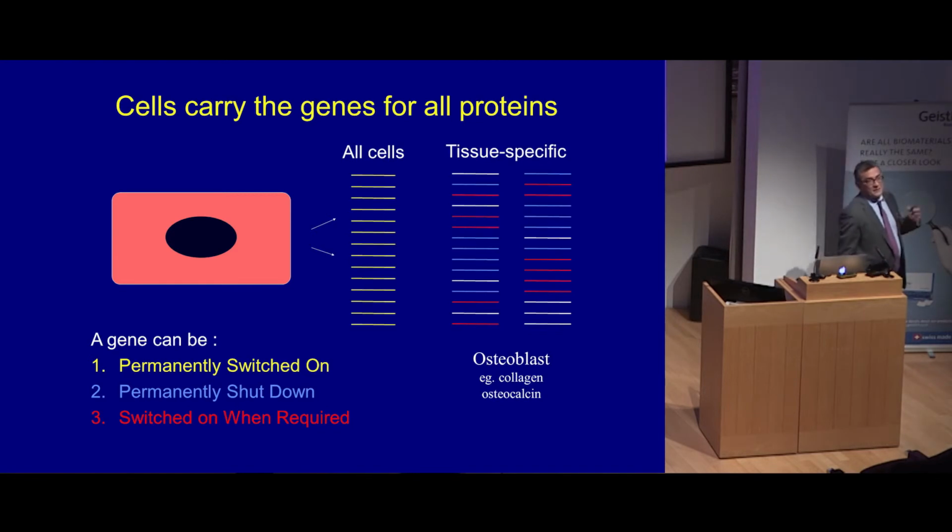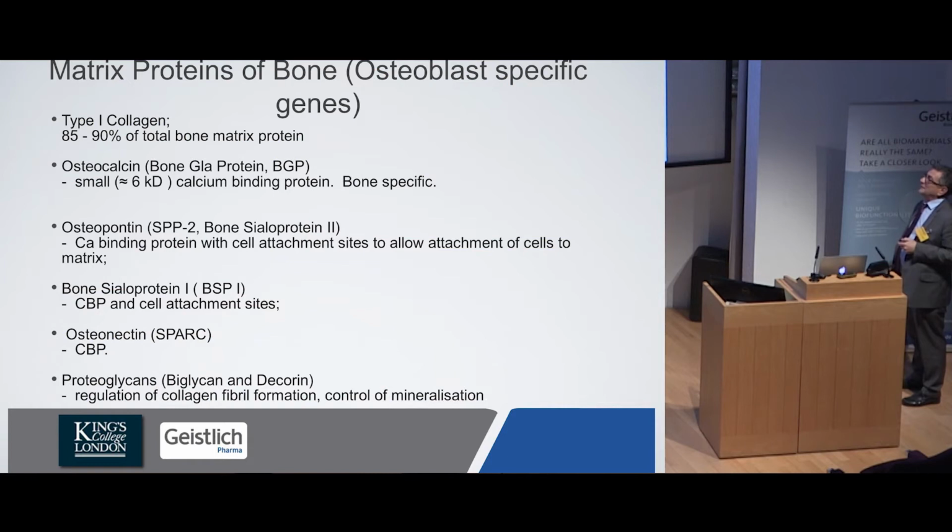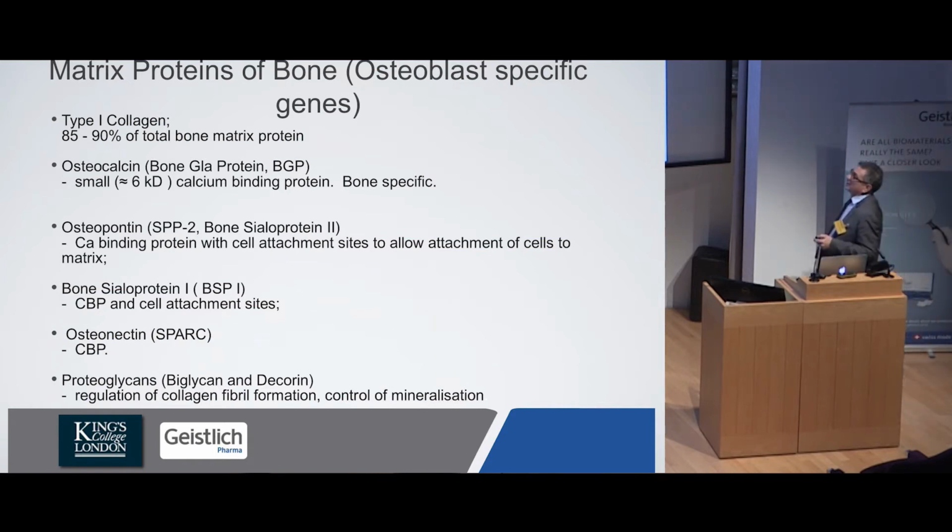The genes characteristic of an osteoblast are ones specific to osteoblasts, and a lot of these are matrix proteins that are found in bone. So type 1 collagen, obviously, and osteocalcin, which is the most bone-specific of all proteins. So if you've got a cell that expresses osteocalcin, you can say this is an osteoblast.